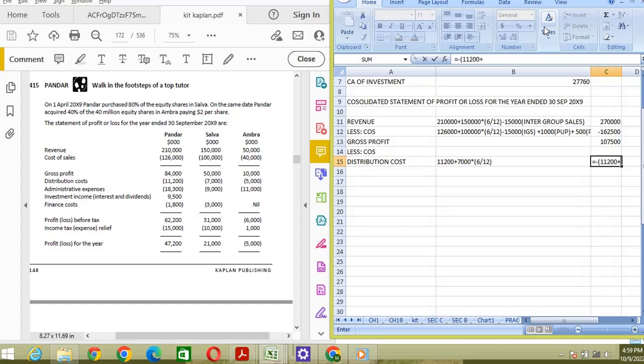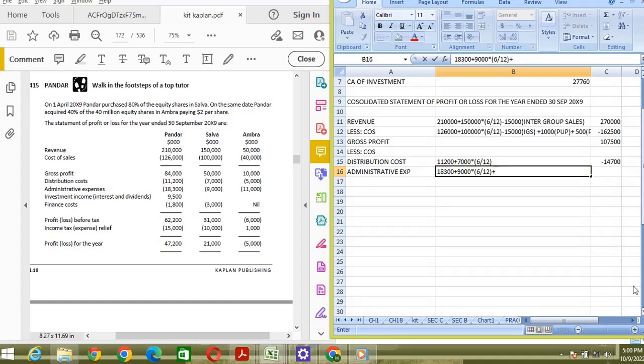11,200 plus 7,000 into 6 divided by 12. Now administrative expense. We will take the full amount of the parent, 18,300. For the subsidiary, we will take 9,000 into 6 divided by 12. And we will add one more thing, goodwill impairment in the subsidiary, which is given in the question.